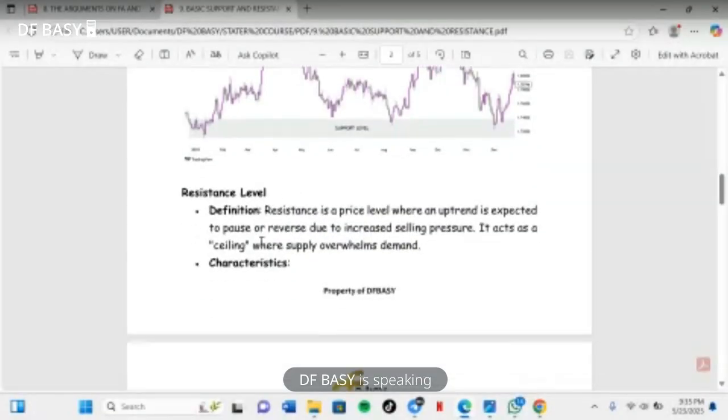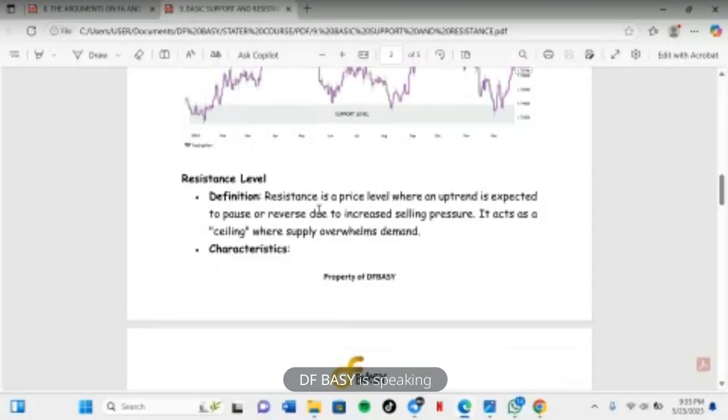Then talking about the resistance level, it is the inverse of support. It's a level where the market comes to a peak and sellers take over the market from the buyers. Resistance is a price level where an uptrend is expected to pause or reverse due to increased selling pressure.